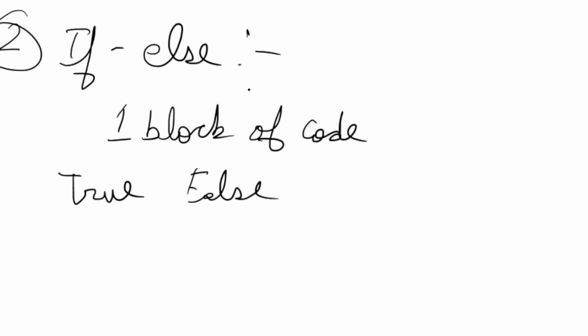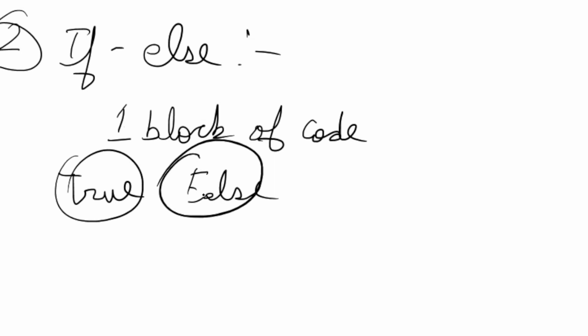In simple words, it executes the first block if the condition is true, and then the second block if the condition is false. Likewise, it can go on several times if we put in more if else commands.